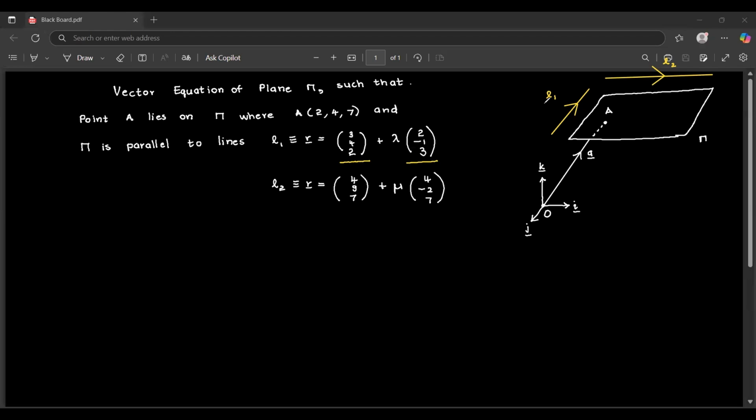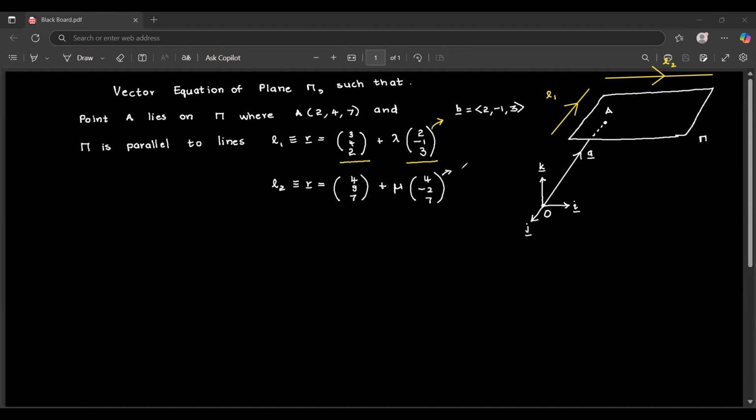If a line is parallel to the given plane, that means the direction vector of the line is parallel to the given plane. Let's say this is equal to, well, we can't say a because we have already denoted a, so let's say b. So b is equal to 2, -1, and 3.